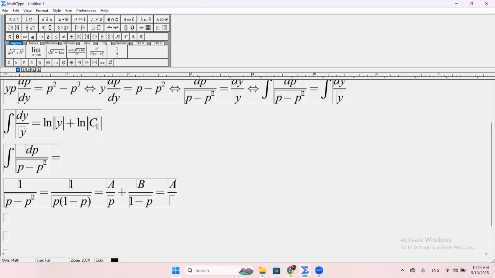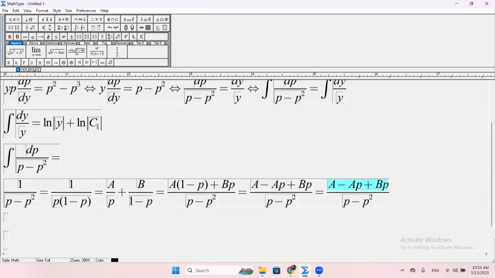So a times 1 minus p plus b p equals... so now let's expand the brackets and regroup multipliers. So a minus ap plus bp, and now let's regroup.